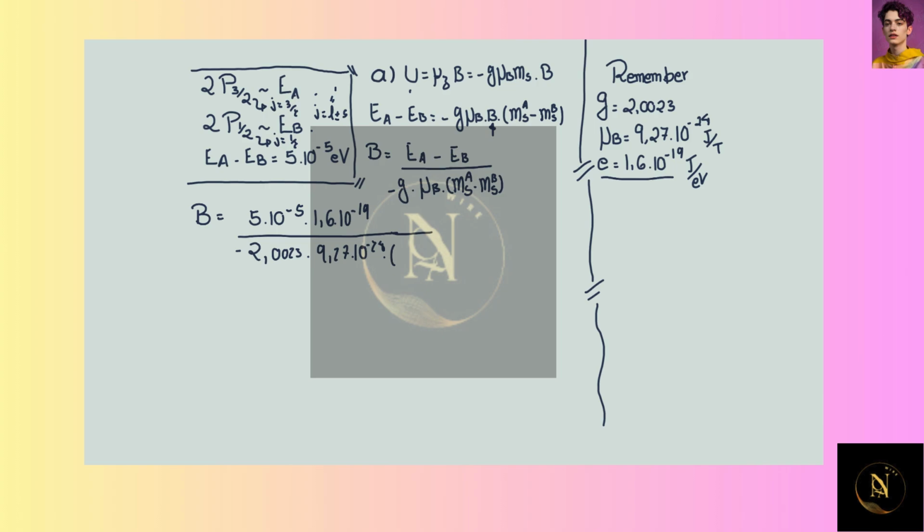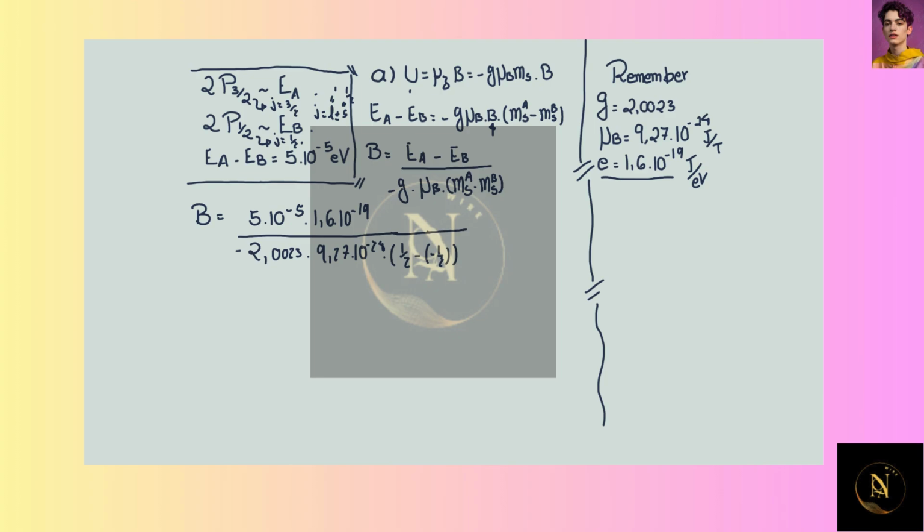Then one of the S is equal to 1/2 and another one is equal to minus 1/2. In this case we have S equal to 1/2, so MSA is equal to 1/2. In the second case we have S equal to minus 1/2, so we have minus 1/2 for MSB.